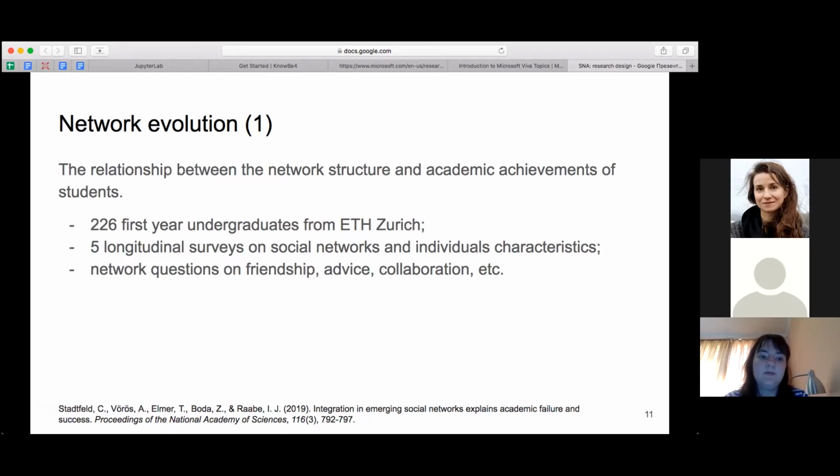Colleagues collected information about one cohort of first-year undergraduate students from ETH Zurich, and the size of the sample was 226 students. But for these students, researchers collected very detailed network information.